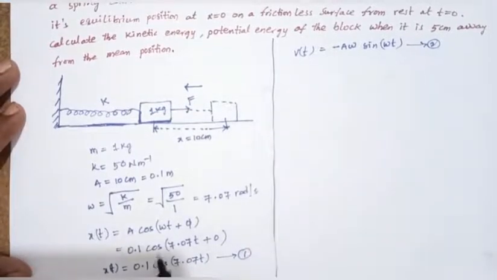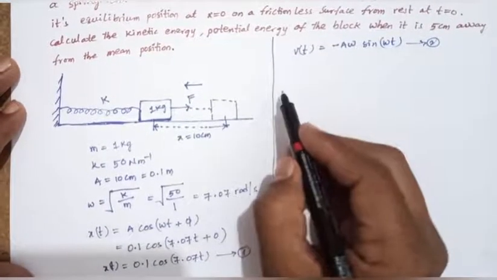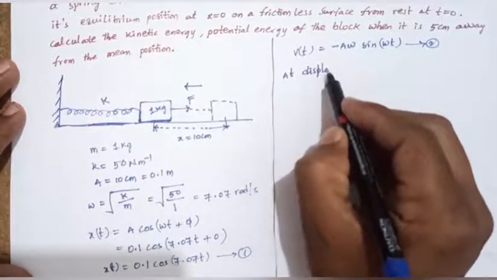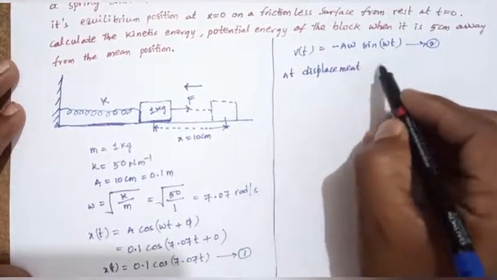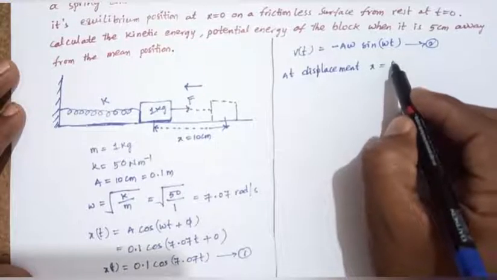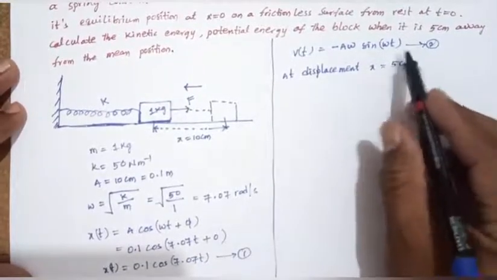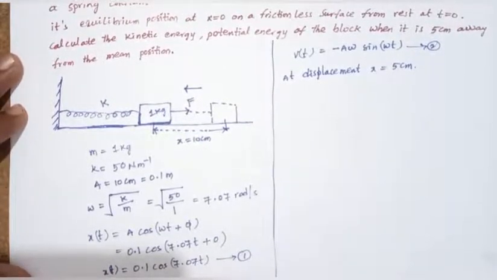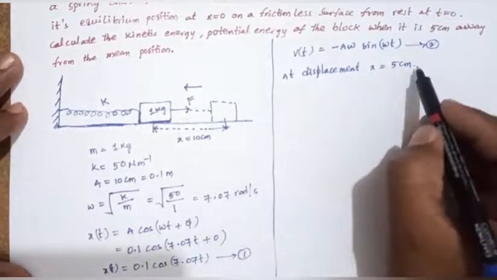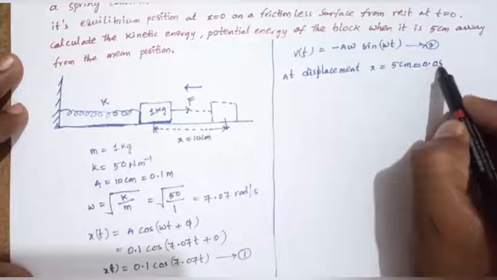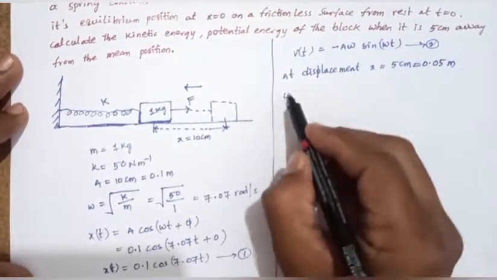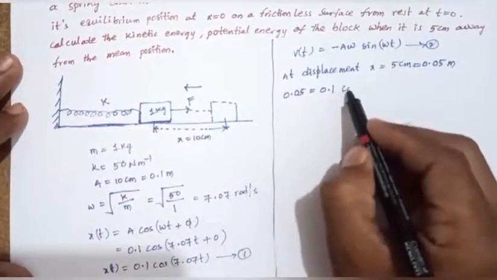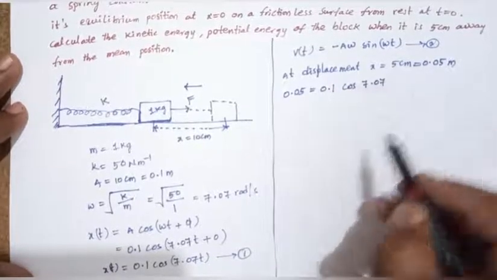So first of all, at displacement x equals 5 centimeters, we substitute in equation number 1. x equals 5 centimeters, which is 0.05 meters. So 0.05 equals 0.1 cos(7.07 t).